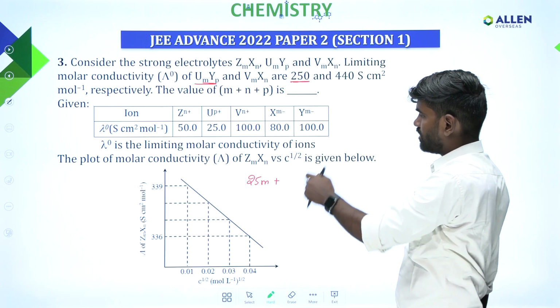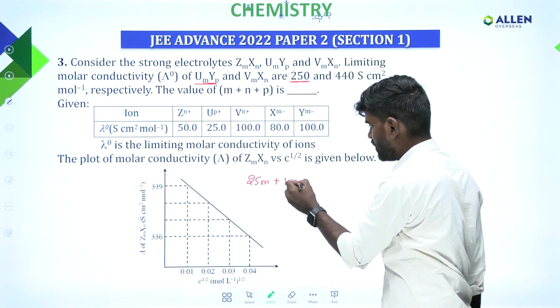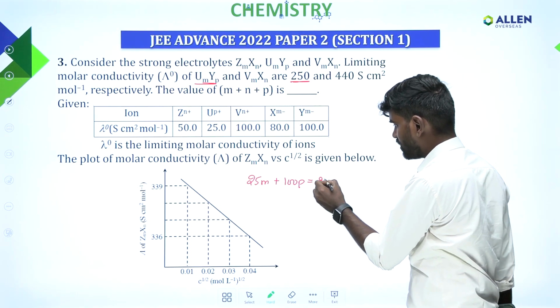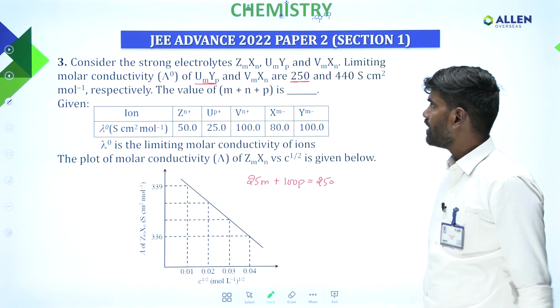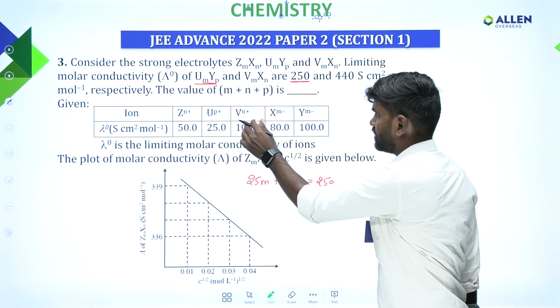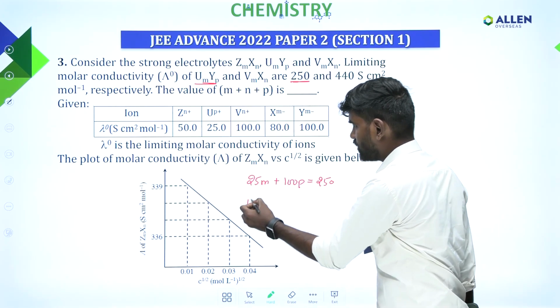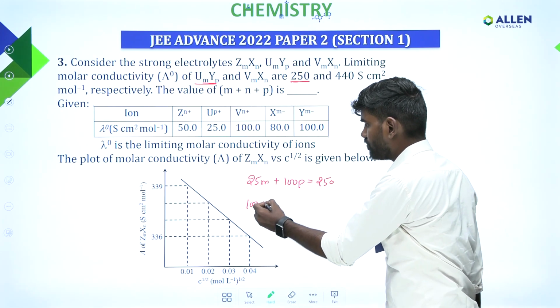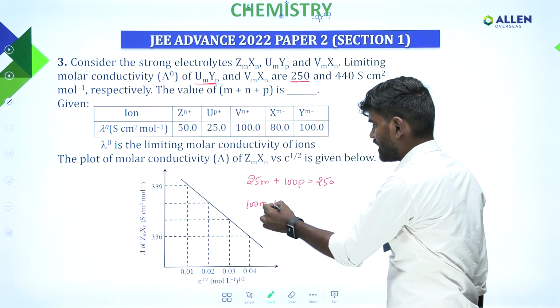Y is where? Here, 100p, right? 25m plus 100p should be equal to 250, right? Similarly, for VmXn, the molar conductivity of V is 100, so it will be 100m because it is Vm, plus Xn.